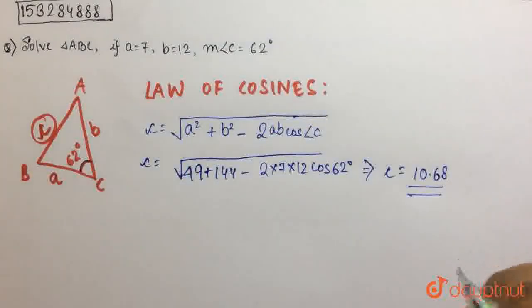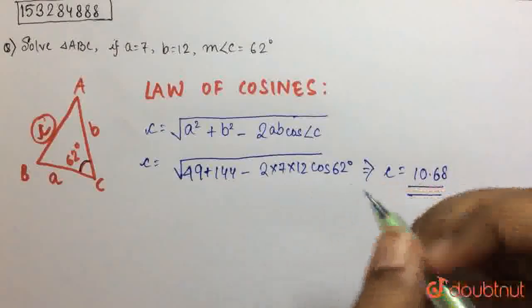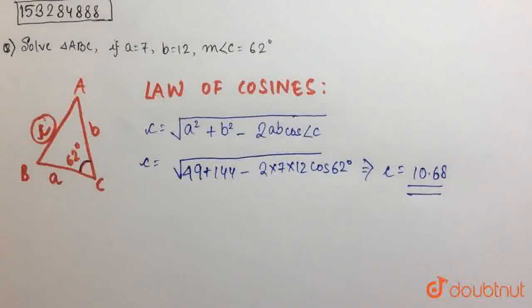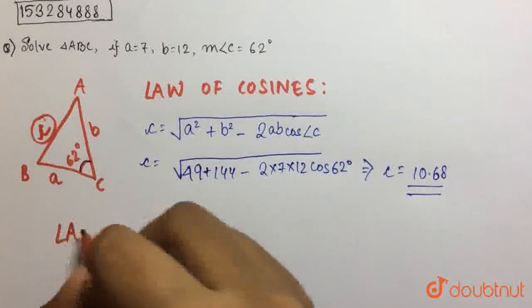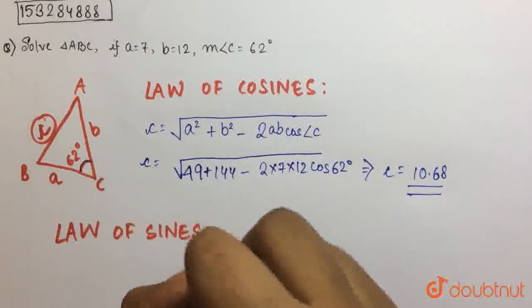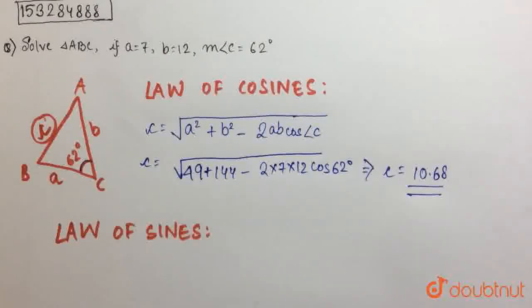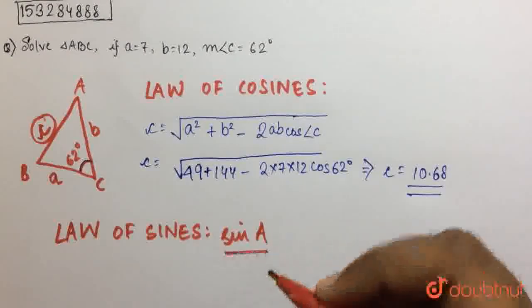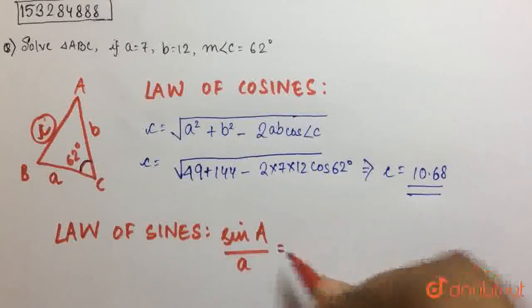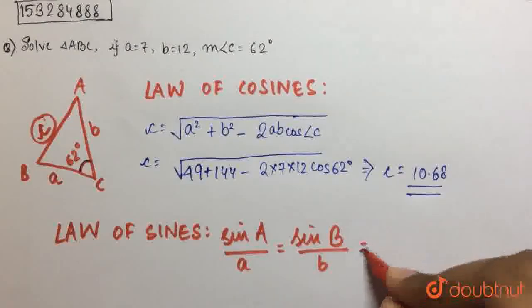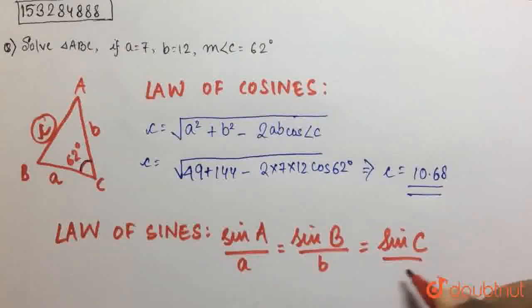Now what we are going to do is, we will find the rest of the angles that have not been given to us. Here we will apply what we know as the law of sines. All right. Now what does the law of sines state? It states that the sine of angle A by side a will be equal to the sine of angle B by side b equals to sine of angle C by side c, right?